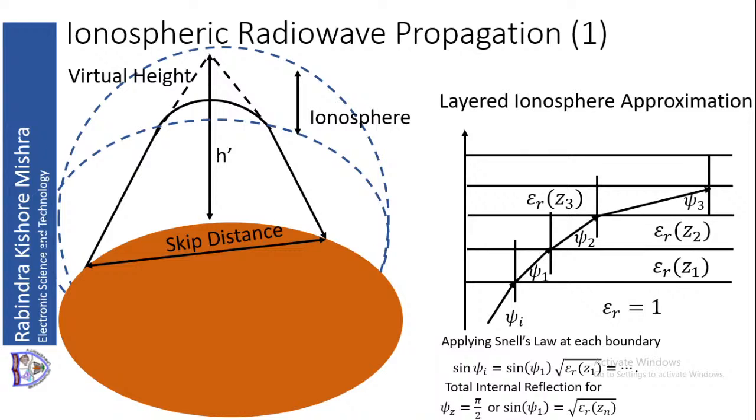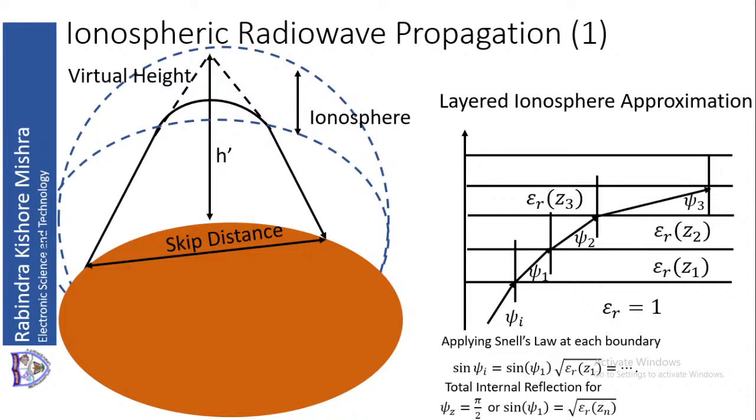When the wave comes back and hits the earth, it has to hit at a distance more than the skip distance, because this bending cannot be such that it hits every point between the transmitter and receiver.